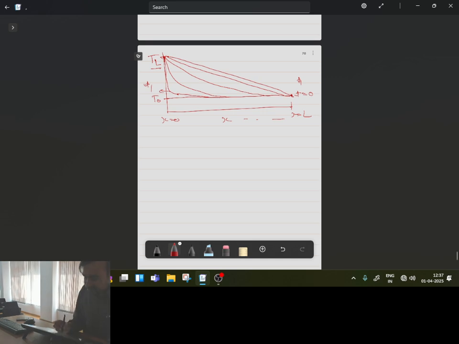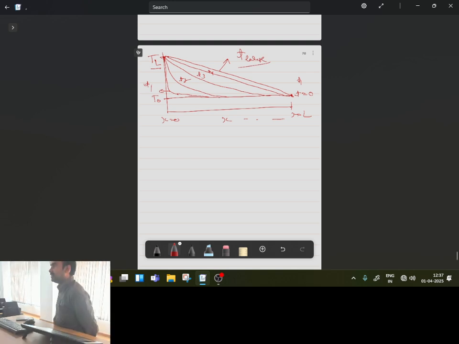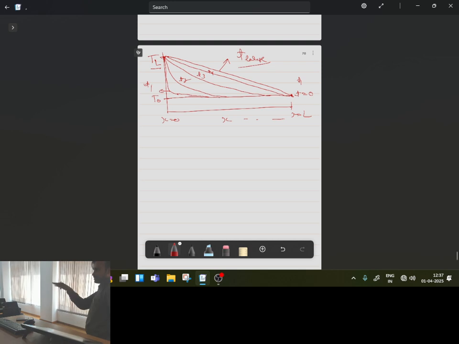So this is T2, T3, T4, and this is some large time interval after which the temperature gradient has become a straight line as per the imposed conditions. Is this one clear? So if you have to solve this type of problem, what do you need to do?